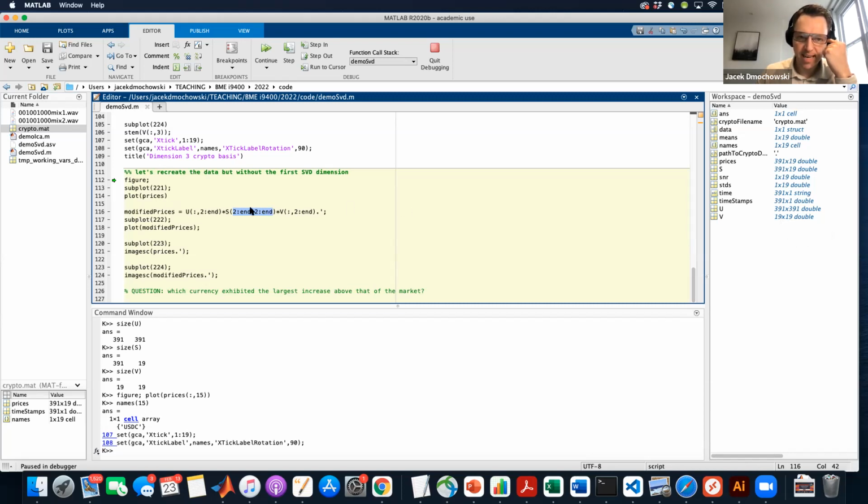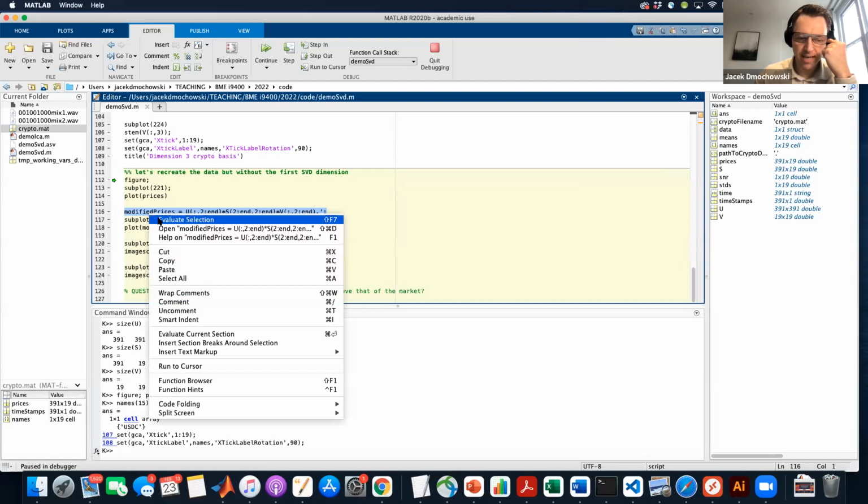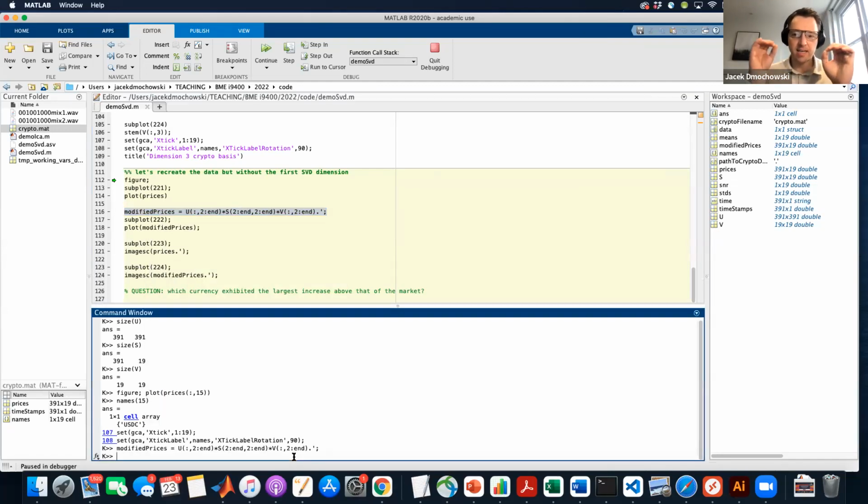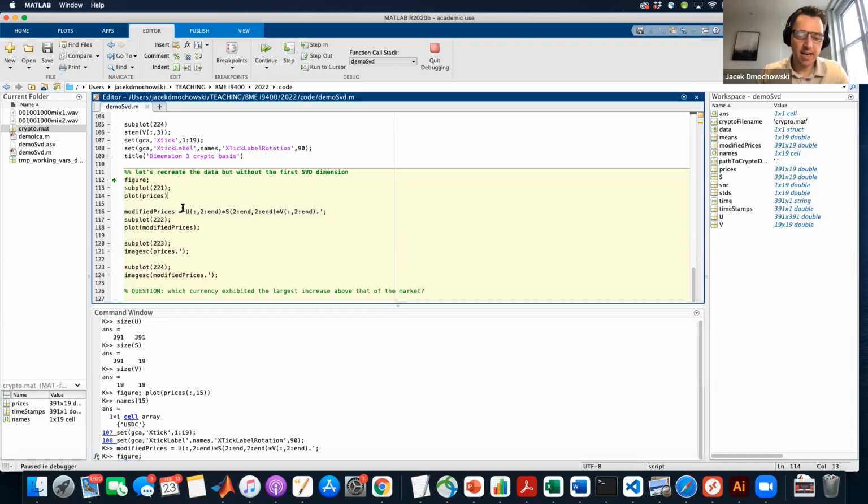So you can basically take any subset of the columns here, and I'm going to create a modified version of my data. If I've done it correctly, that data will now have everything in it except for the first mode, which we decided was the global pattern.